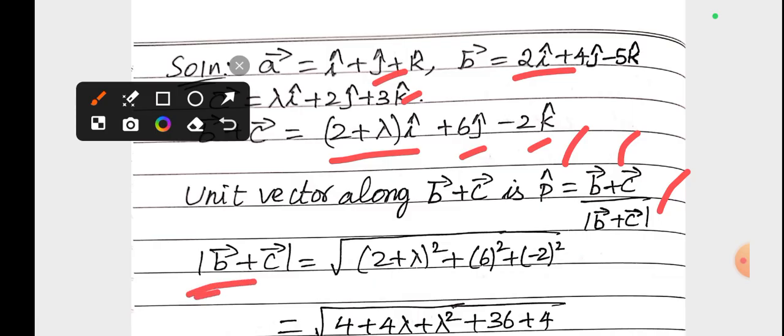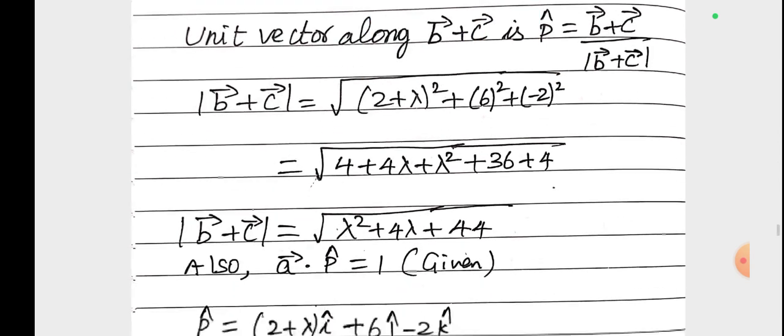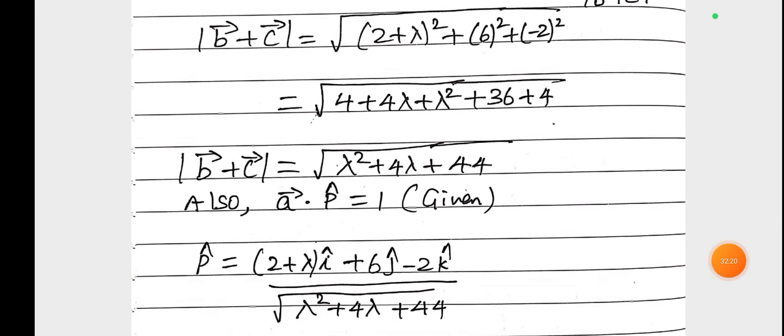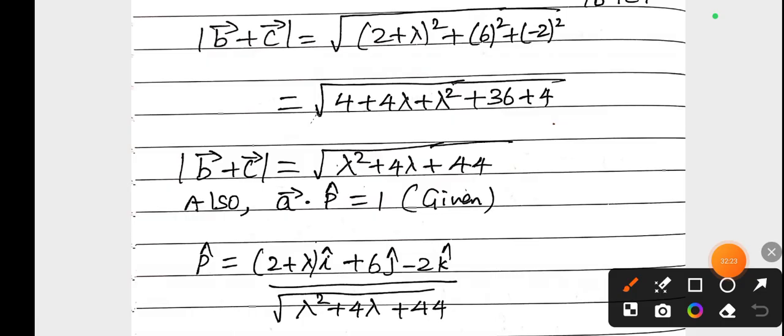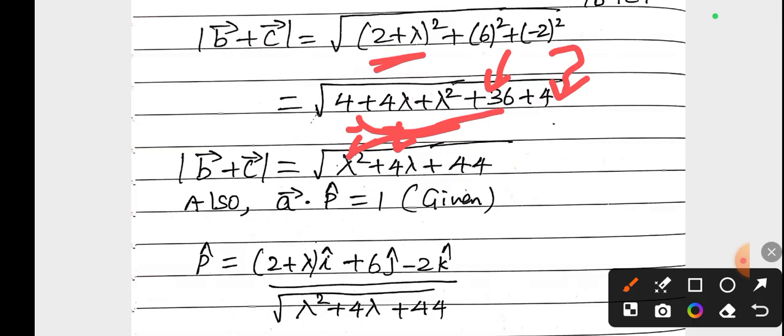So when you do the magnitude, you get root of 2 plus lambda square plus 6 square plus minus 2 square. Root over 2 plus lambda square is 4 plus 4 lambda plus lambda square, 6 square is 36, 2 square is 4. Write it as lambda square plus 4 lambda, 4 plus 36 is 40, 40 plus 4 is 44.